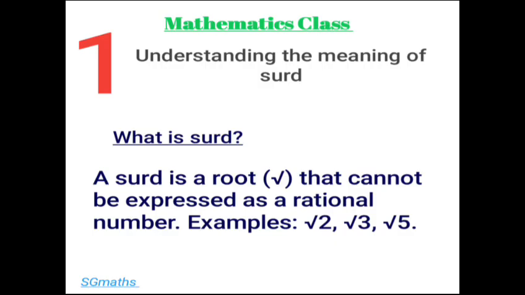As you can see, if you carry your calculator and you press root 2, you get numbers that go into infinity. That is, it does not terminate. And when you press root 3, the same thing is applicable. When you press root 5, the same thing is applicable.